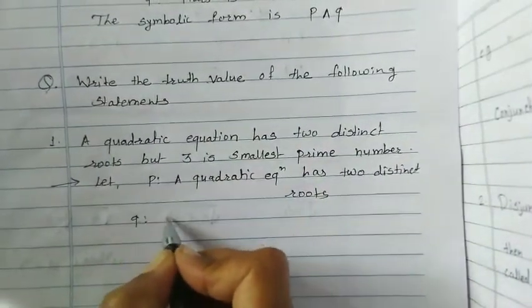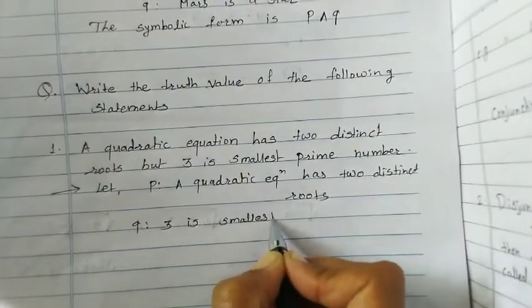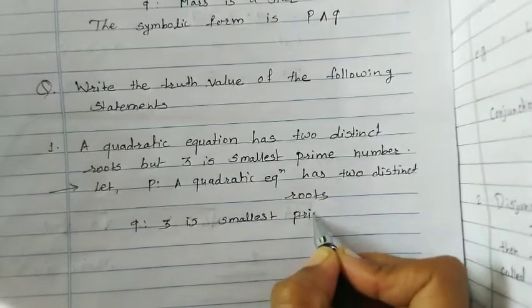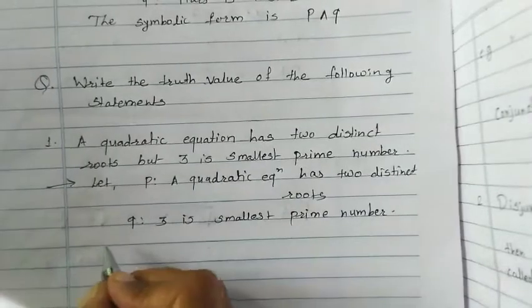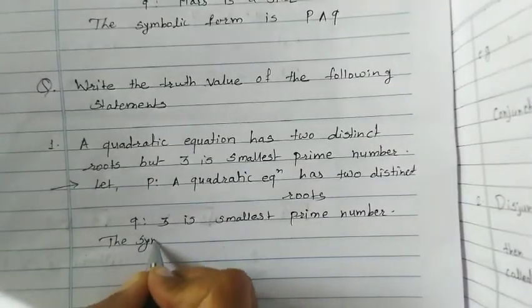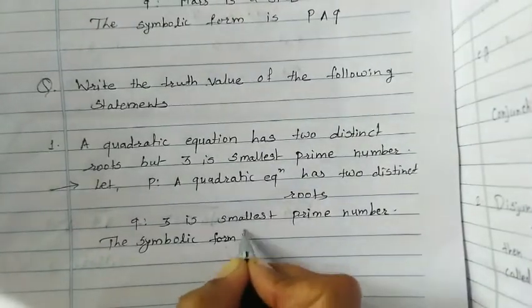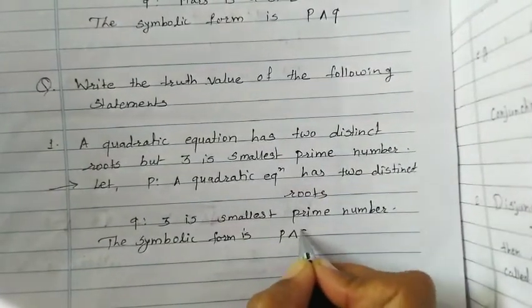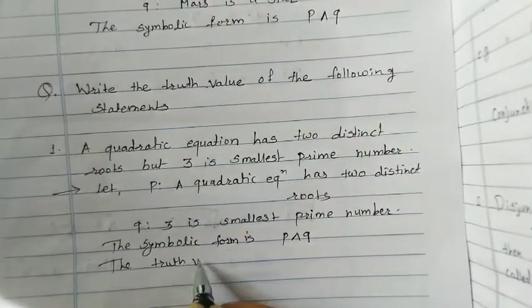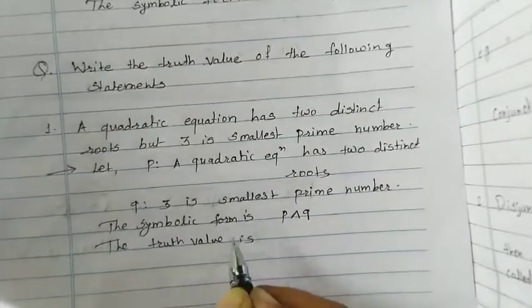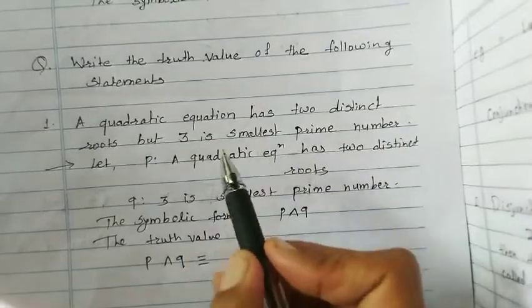Statement Q, 3 is the smallest prime number. First we write the symbolic form. So the symbolic form is P and Q. Now the truth value.